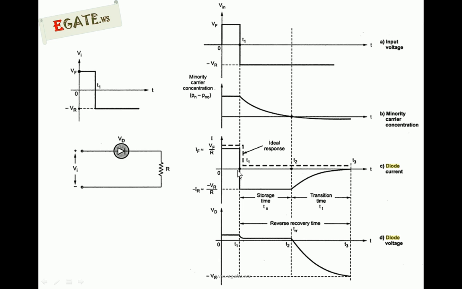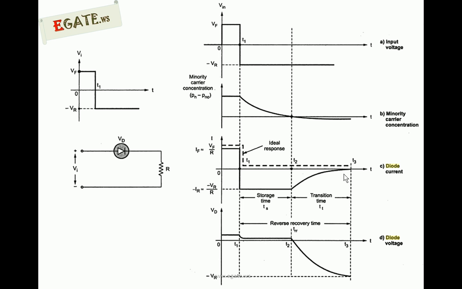So after this transition time, the diode is under steady state reverse bias. Before this T1 the diode is under steady state forward bias, and after T equal to T3 the diode is under steady state reverse bias. The time required for the diode to go from forward bias to reverse bias is the sum of storage time plus transition time. It is very large when changing from forward bias to reverse bias, but when changing from reverse bias to forward bias it takes less time.